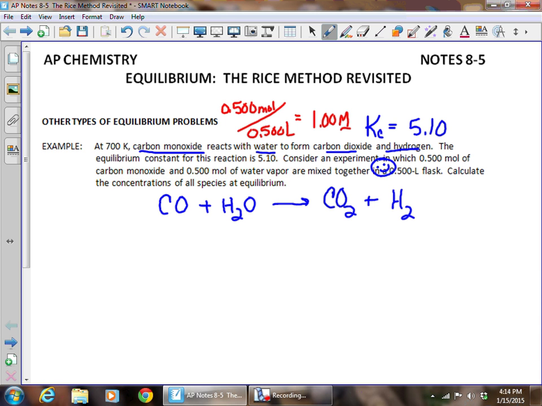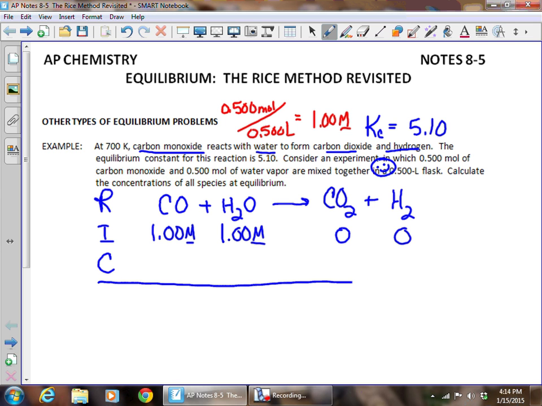So I know that I'm starting with 1.00 molar carbon monoxide and 1.00 molar H2O. And we have no carbon dioxide or hydrogen gas. So that takes care of our reaction and our initial concentration. We need our change and our equilibrium values in order to do this calculation.